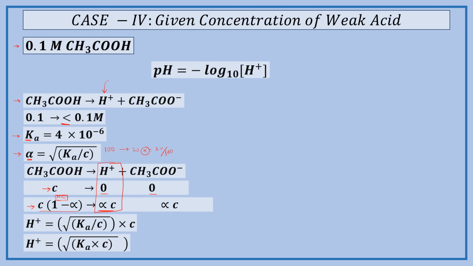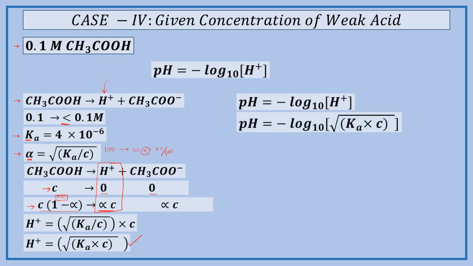Now we will use this concentration of H plus to calculate the pH of a weak acid. So we will put the value of H plus in the mathematical formula of pH. pH will be equal to minus log base 10 root over Ka times C. We can simplify it by our exponent relation of logarithm.